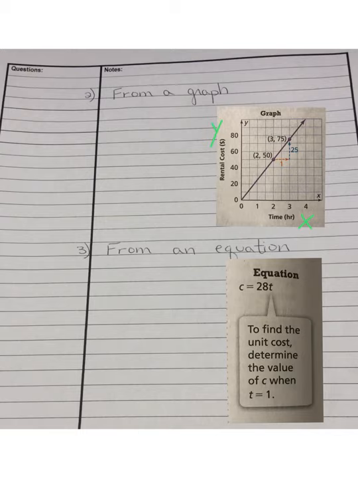And the most important thing that we know is that if we have a proportional relationship, our graph will go through the origin.